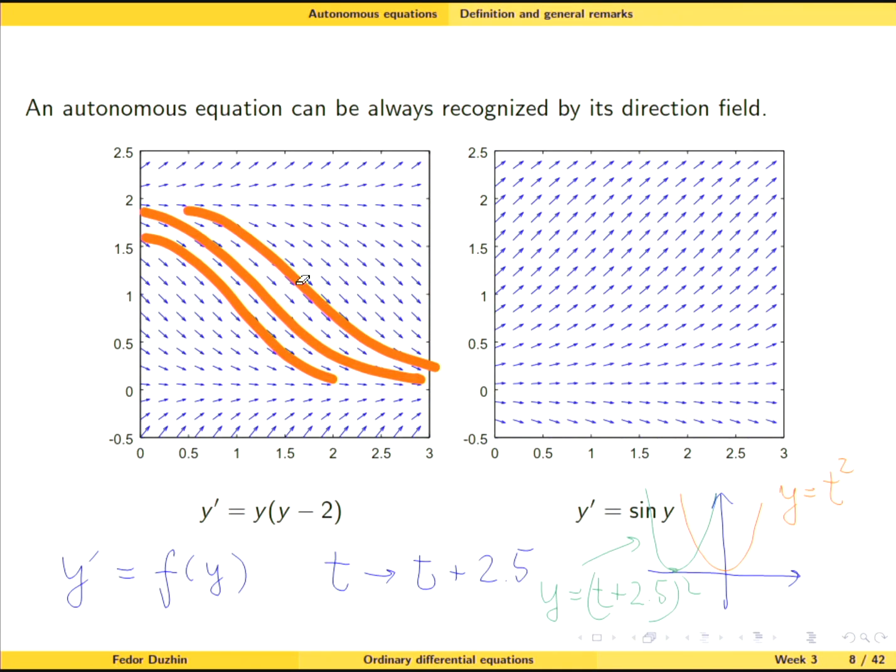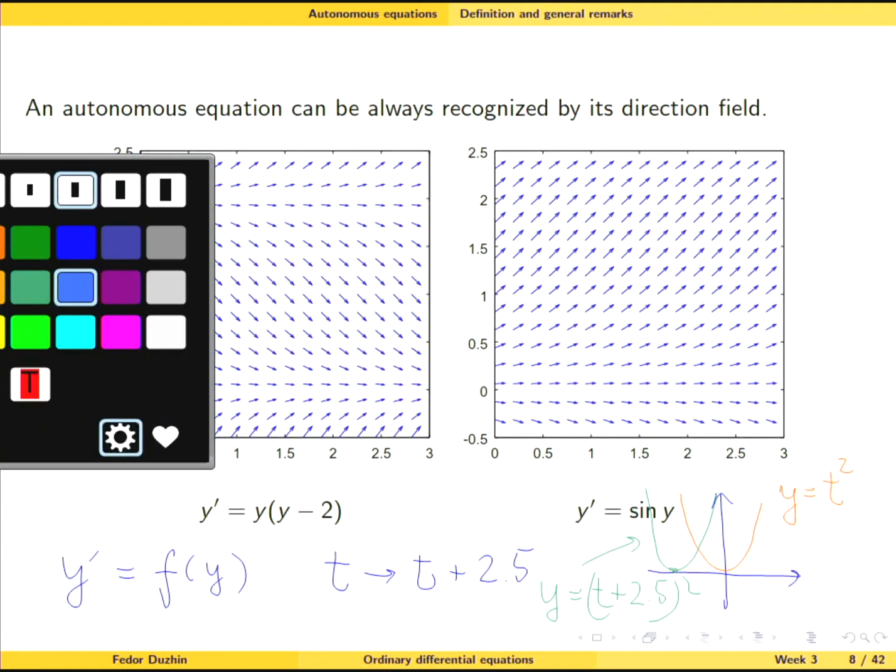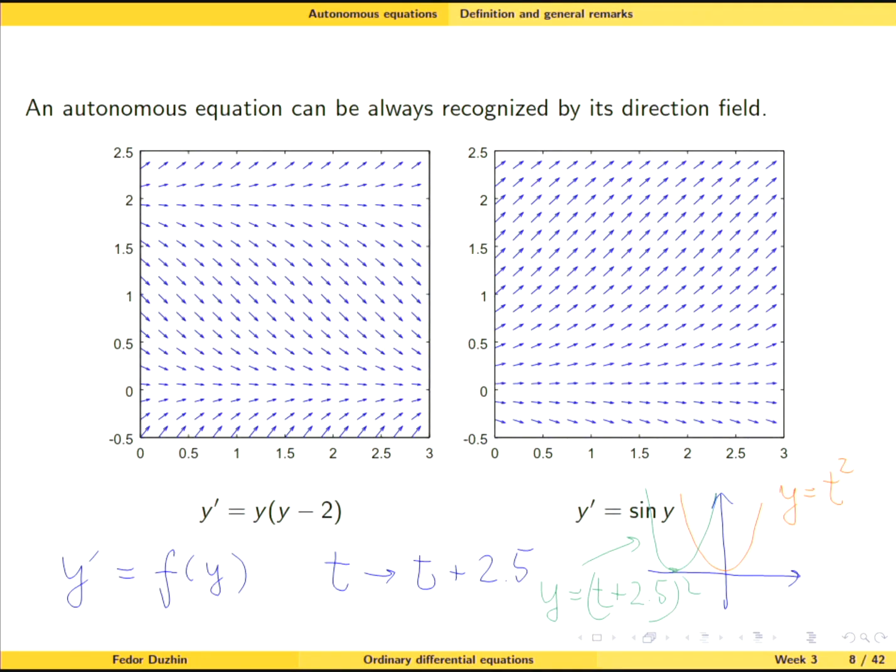Geometrically, it also means the following. If we look at all the vectors of the direction field for a fixed value of y, then the direction of the vector does not depend on t. So for a fixed value of y, all these vectors are going to be exactly the same, and so on.